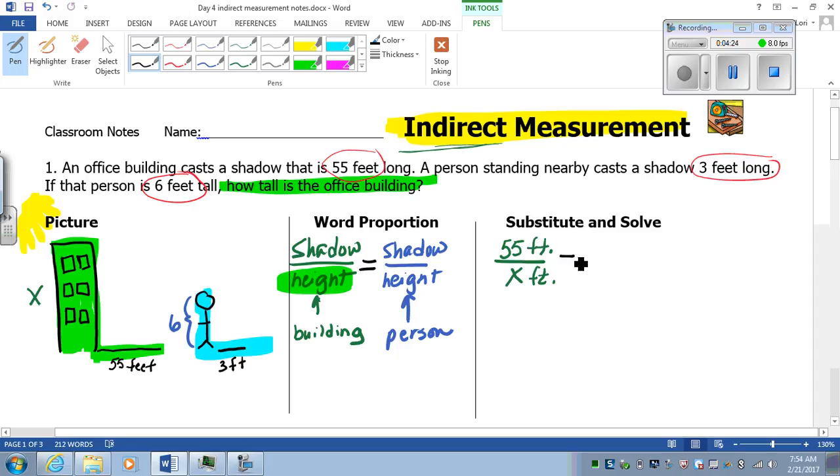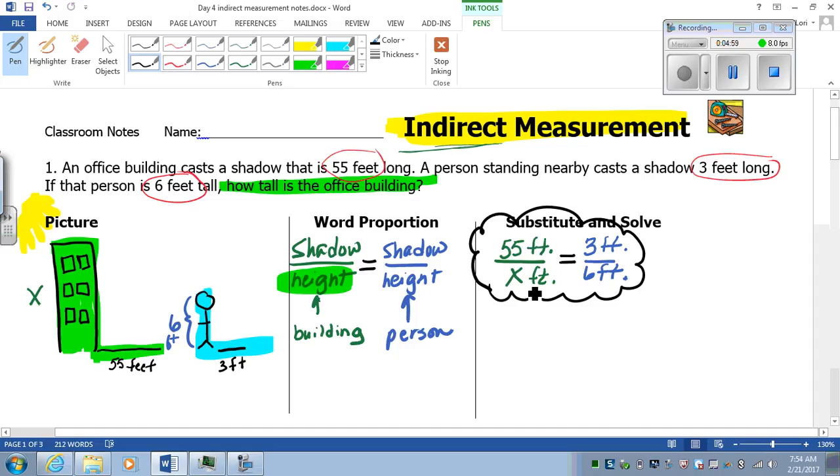I'm going to write an equal sign because I'm setting up a proportion. And then I'm going to write another ratio that relates the shadow to the height of the person. So the length of the shadow associated with the person is 3 feet. And this person's actual height is 6 feet. So now we have this proportion that we can use to solve for the height of the office building, which is right here where the x is.